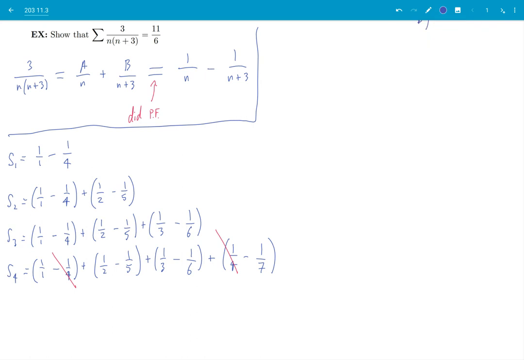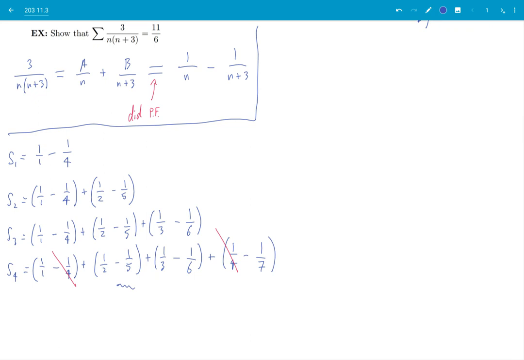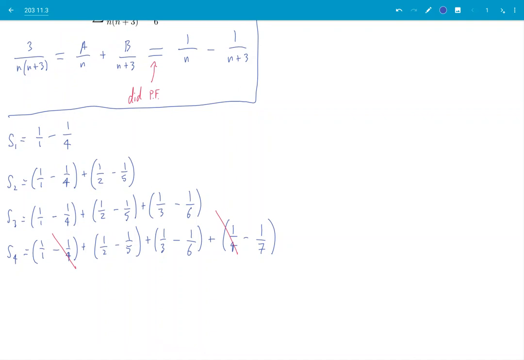Now, if I think about what's going to happen with S5, I believe that this minus a fifth is going to cancel with a plus a fifth right here. So let's try to figure out what's happening. I'm going to write down Sn.